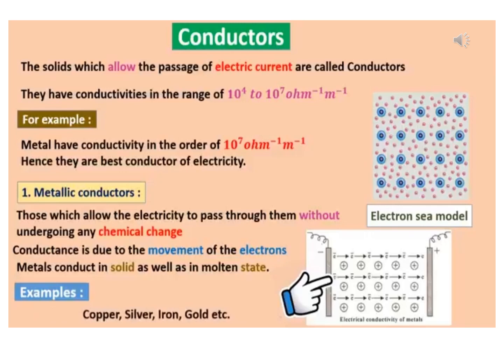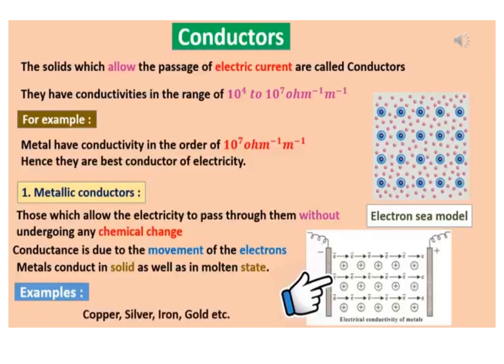So metallic conductors are those conductors which allow electricity to pass through them without undergoing any chemical change.